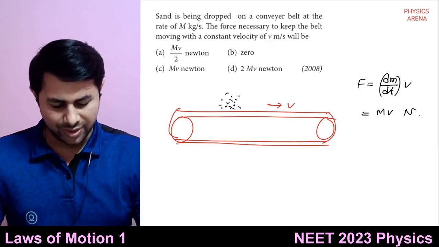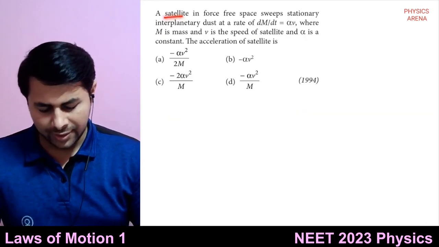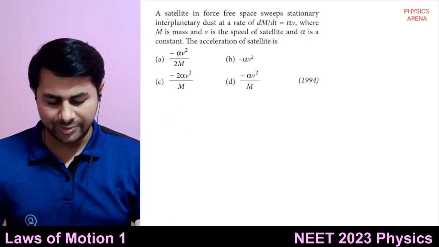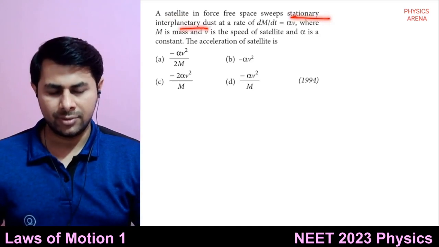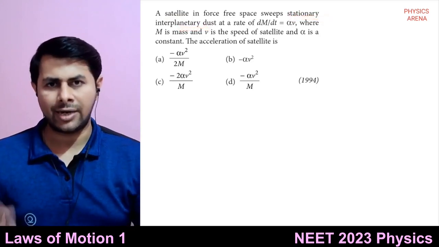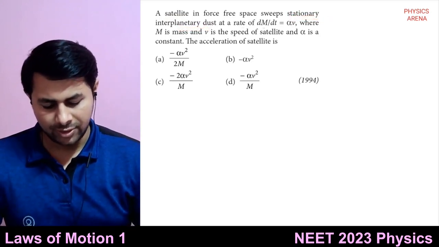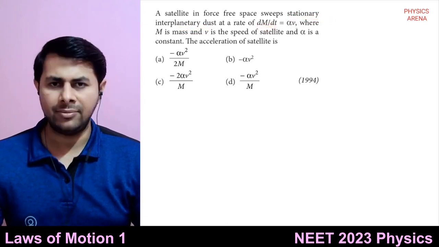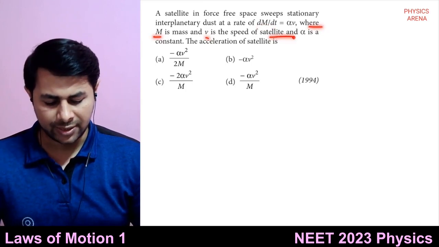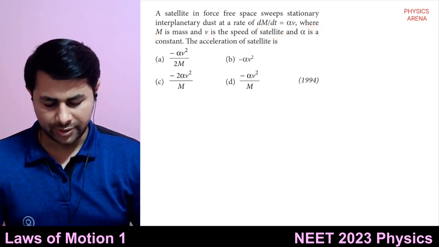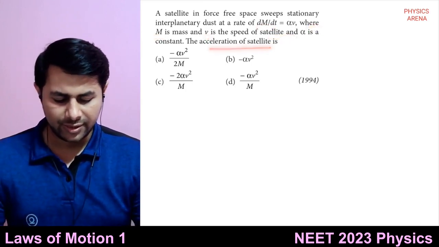Good. Next: a satellite in a force-free space sweeps stationary interplanetary dust, so there is no gravitational force, at the rate of dm by dt equals alpha times v, where m is the mass and v is the speed of the satellite and alpha is some constant. The acceleration of the satellite is, this is the question.